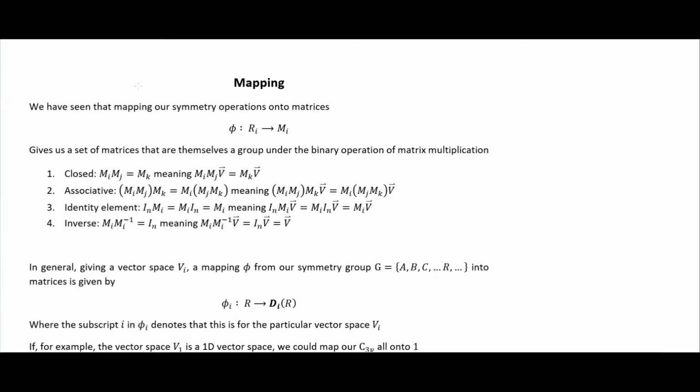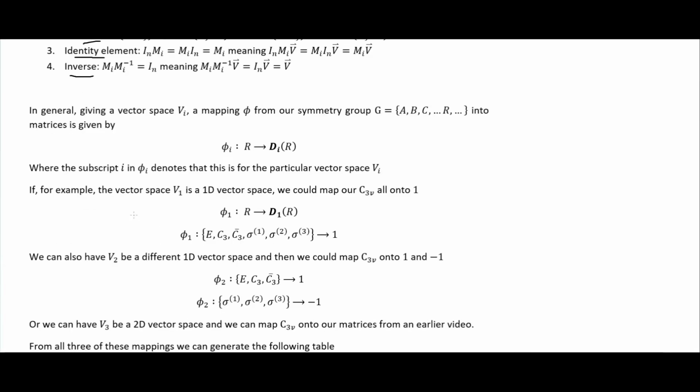All right, so we have this mapping, phi, where we're mapping our symmetry operations, our group elements, onto these matrices here. We can show that these matrices are a group because they're closed under matrix multiplication, they're associative, they have an identity element, and they can have an inverse.